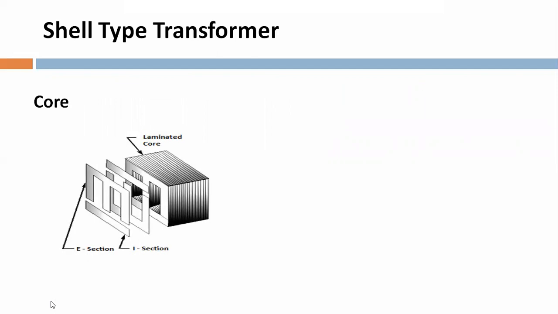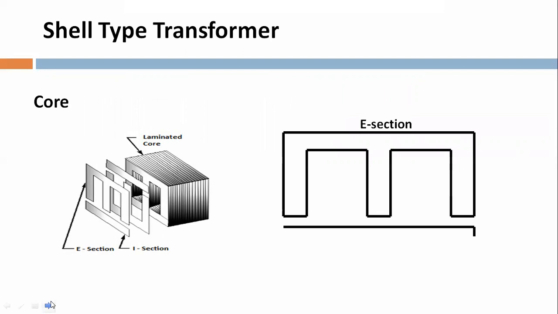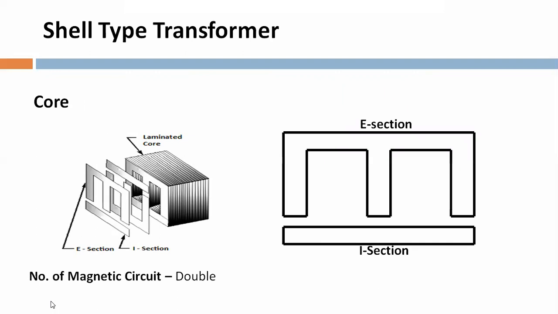Here we are seeing the E section, I section and laminated core in this figure. Here are the E-type section and I-type section of the core of the shell-type transformer. The number of magnetic circuits is double. Here we see them on the left side and right side.